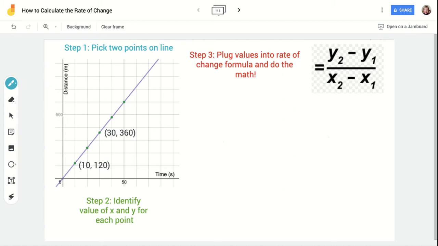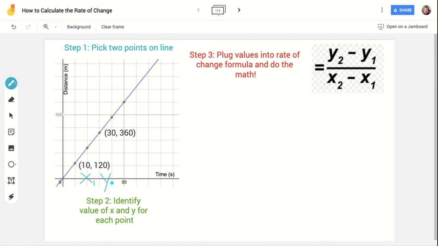So we're going to use those 2 points, (10, 120) and (30, 360). Now, when you see a point on a graph written in this form, 2 numbers in parentheses, the first number is the x, and the second number is the y. So that tells us that this number 10 is going to be our x1 value. It's the x value because it's the first number, and it's x1 because it's from the first point on the line.